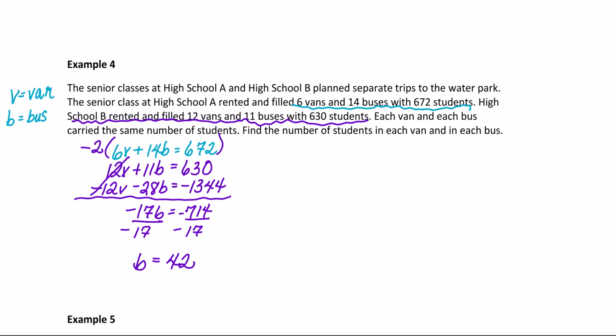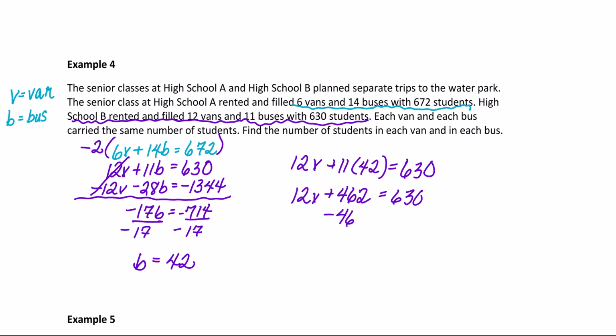And then I can plug that in to one of the equations. I'm going to do this 12V one. So 12V plus 11 times 42 equals 630. So 12V plus 462 equals 630.